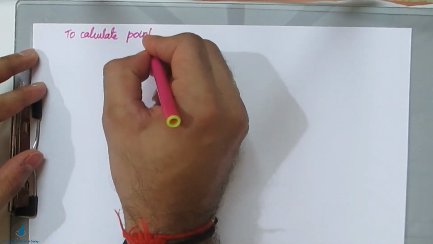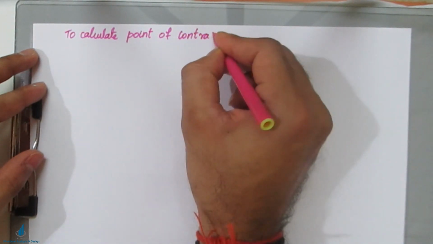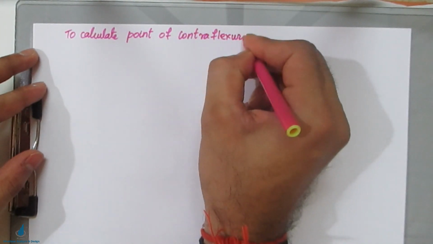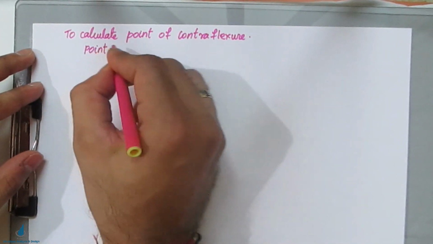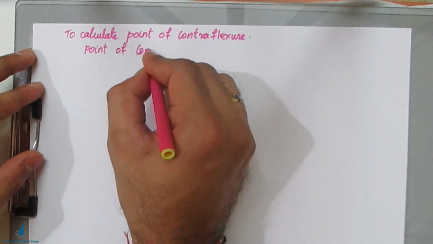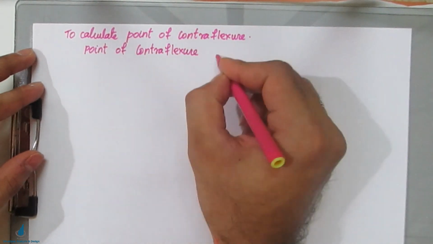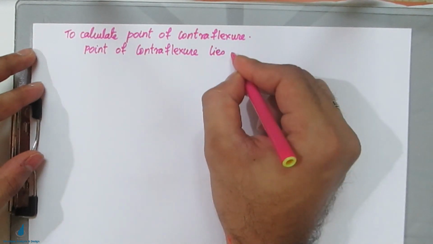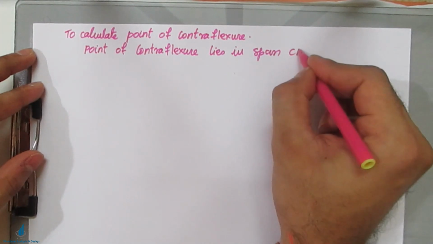the point of contraflexure. Okay, the point of contraflexure lies in span CB.